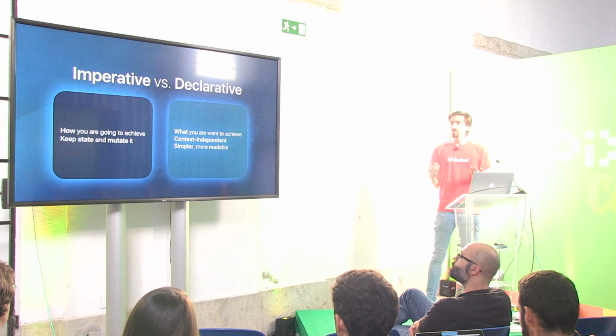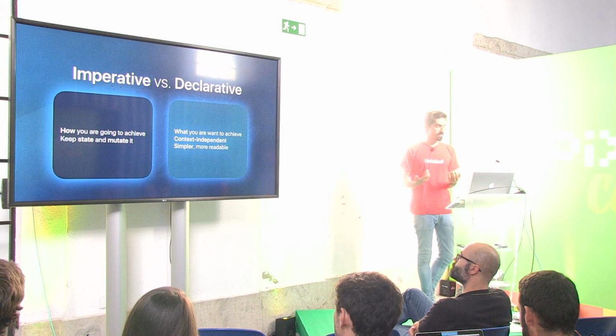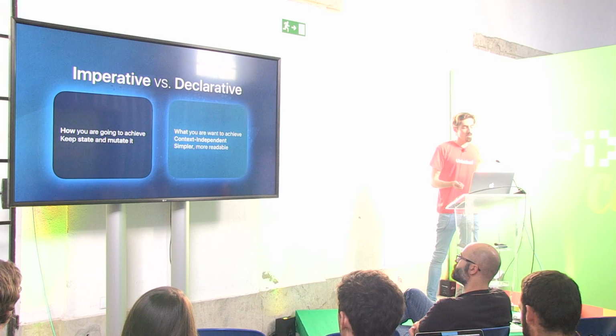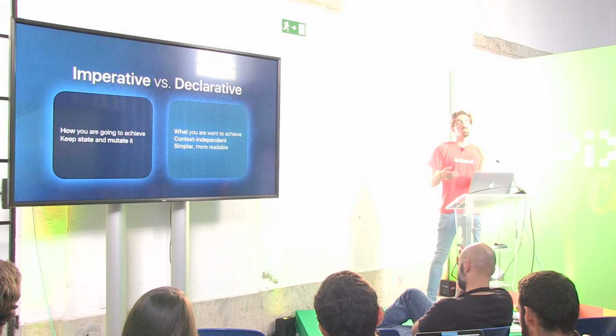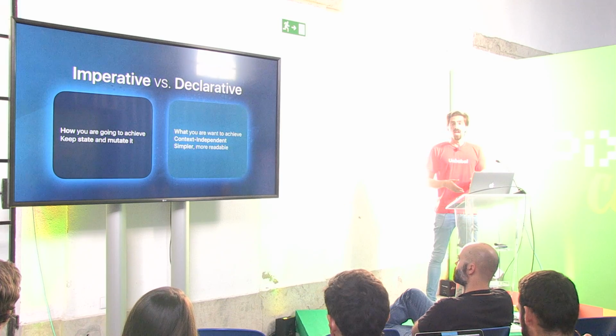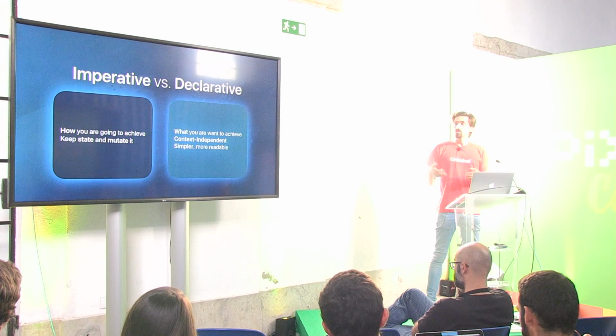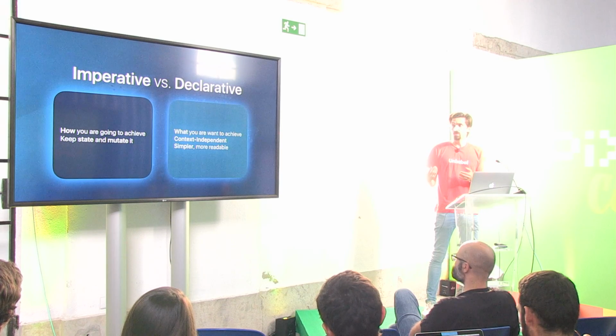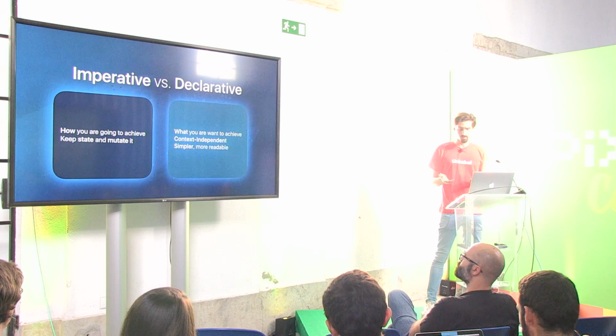And what makes them different? A lot of things. In an imperative approach, you focus on how you're going to achieve something. You build a certain number of steps to achieve an objective, and in the end, you have to keep some state and keep mutating it until you reach your goal.